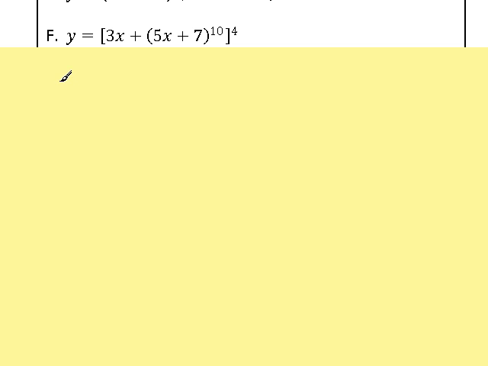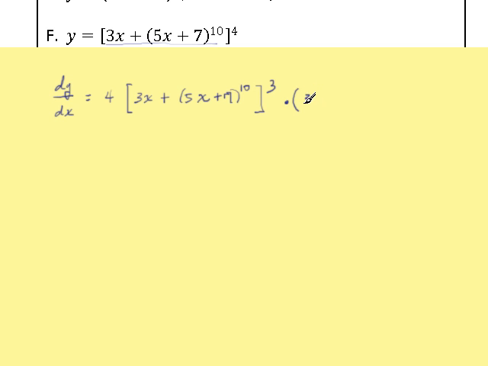In part F, we're going to do a chain rule. Let's see, dy/dx is equal to, first the outermost function is this set of square brackets, so we'll just bring down the 4, change this to a 3, copy over the inside, and now we'll multiply by the derivative of the inner function of this.